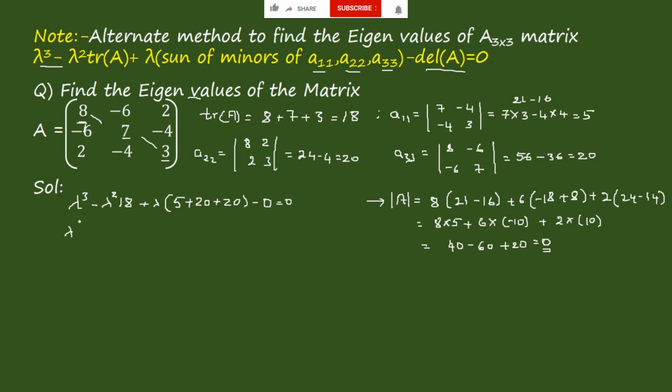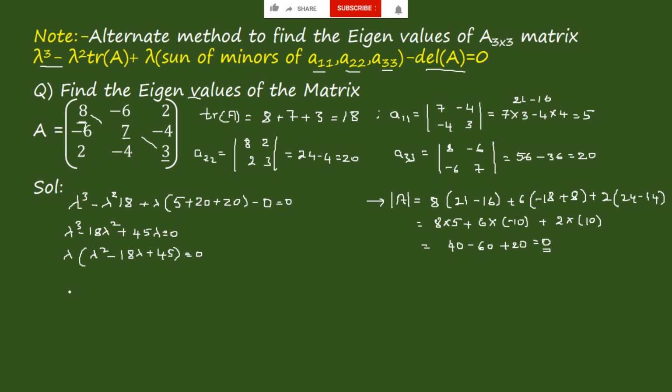So we get lambda cube minus 18 lambda square plus the sum of this one, which is 45 lambda, is equal to 0. If you take lambda as the common term, then it becomes lambda square minus 18 lambda plus 45 is equal to 0.